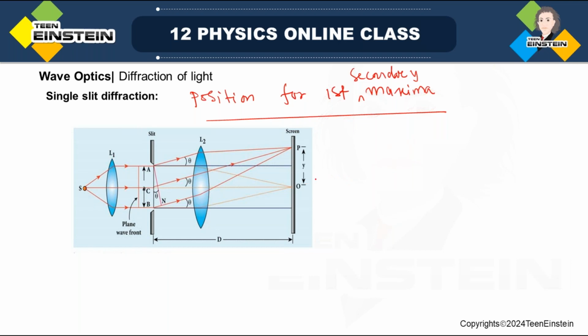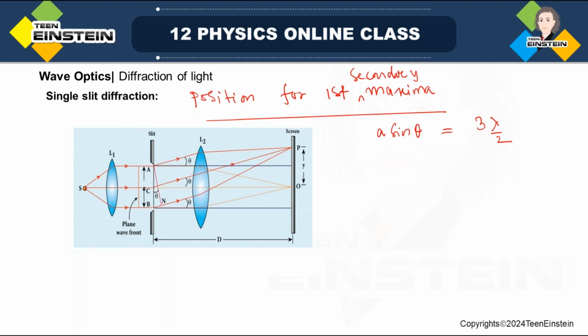To have the first order secondary maxima, you know the condition is, see, the path difference a sin theta has to be 3 lambda by 2.